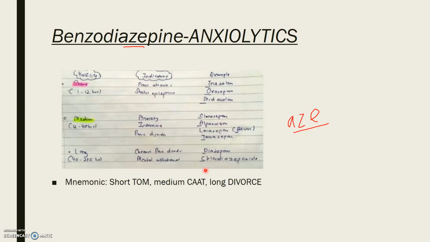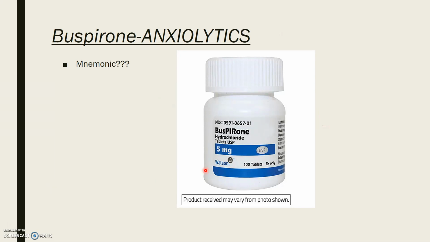Next, I'm going to talk about buspirone. Buspirone is another anti-anxiety agent, but it is not a type of benzo. We are moving away from benzos because there are other drugs for anxiety such as buspirone. Usually this is just used for generalized anxiety disorder, and it does not involve GABA.